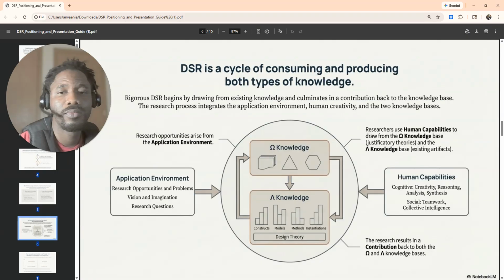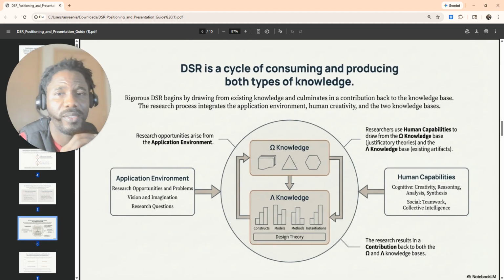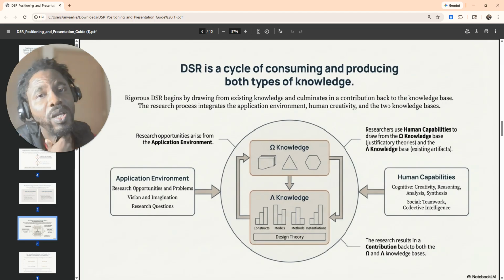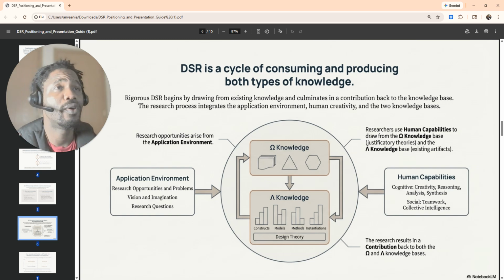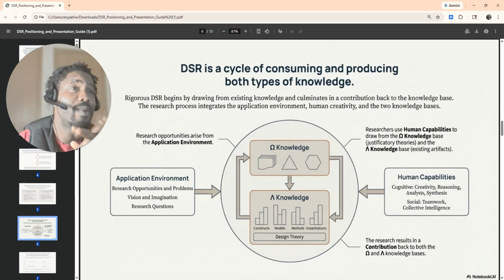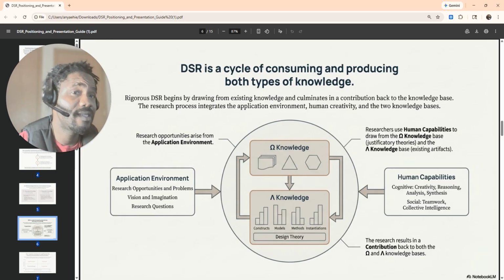So here, DSR is a cycle of consuming and producing both types of knowledge. To explain this, it starts with the left, the application environment, right? This is the real world where we find problems and opportunities. There are a lot of problems and opportunities in the real world, and we use our human capacity, our creativity, and our reasoning to draw from existing knowledge, what is already there.